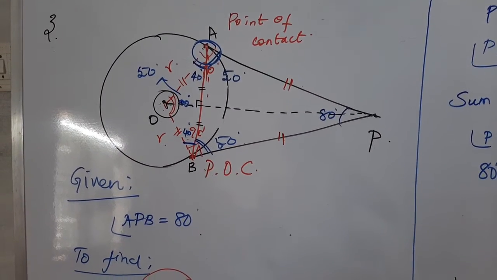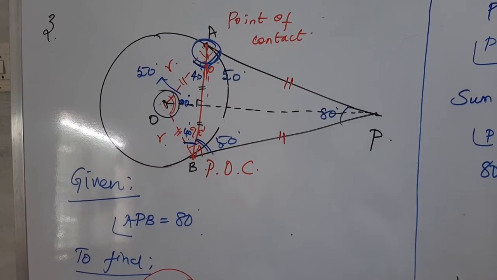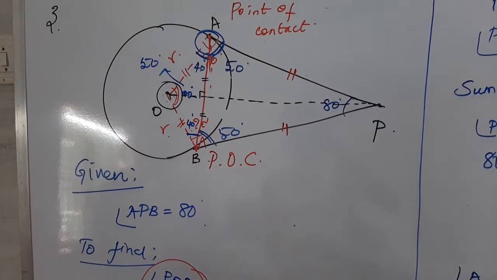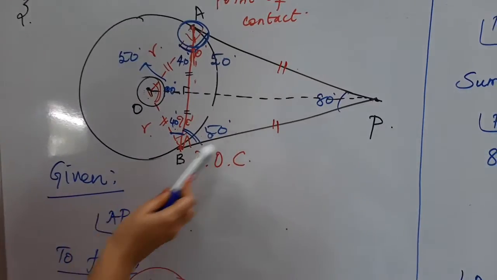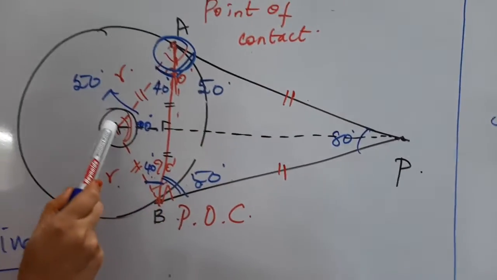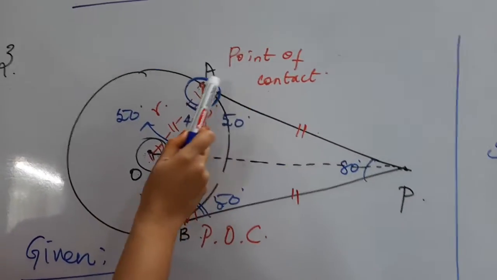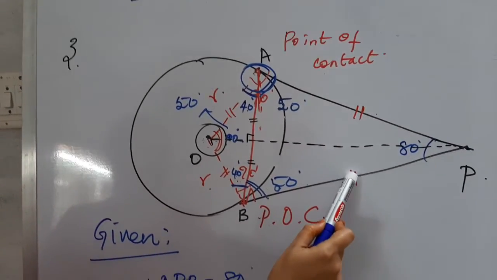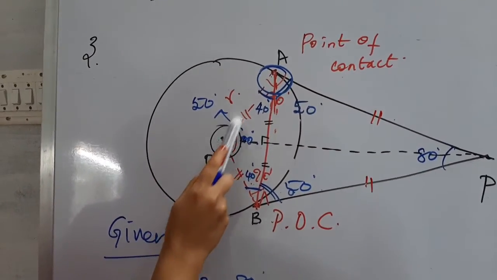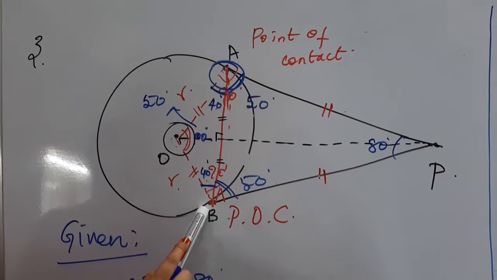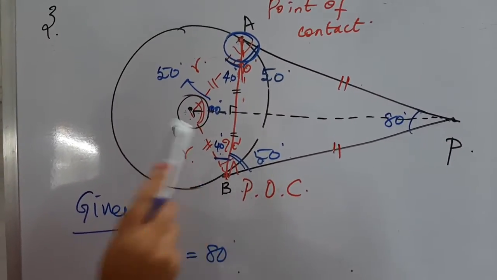They asked us to find out the angle POA thus formed. So we have drawn the diagram. We took the point P outside, center is O. We have drawn PA, PB, and those two are equal. And then I joined the radii OA and OB, and I have drawn a chord AB.